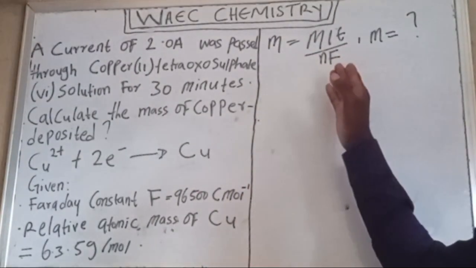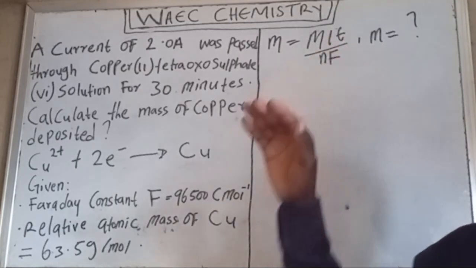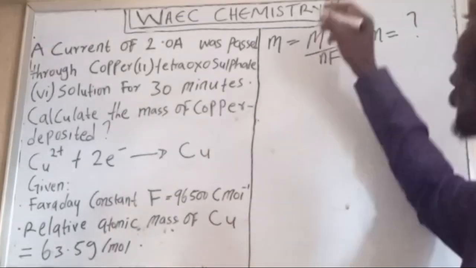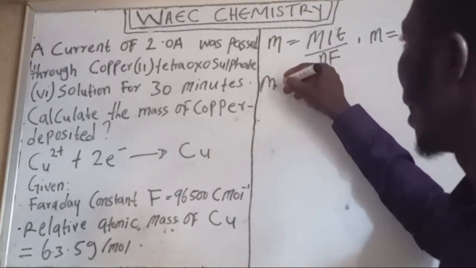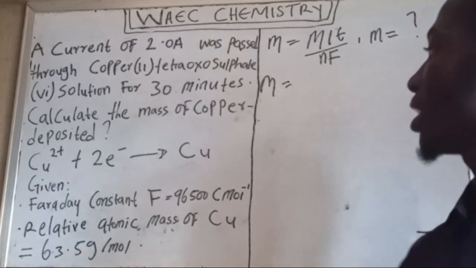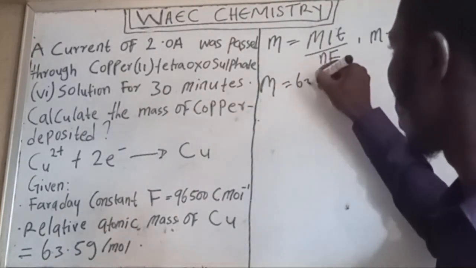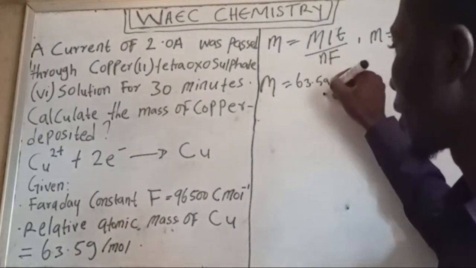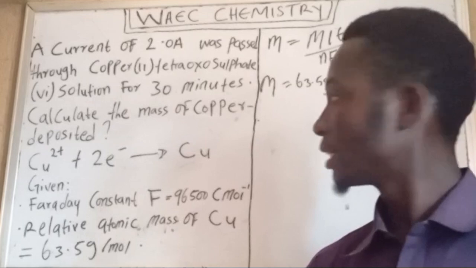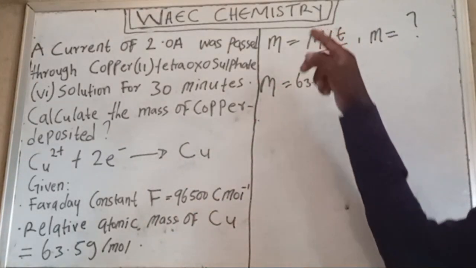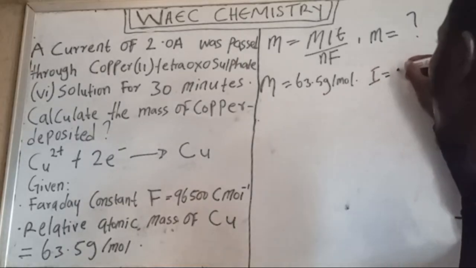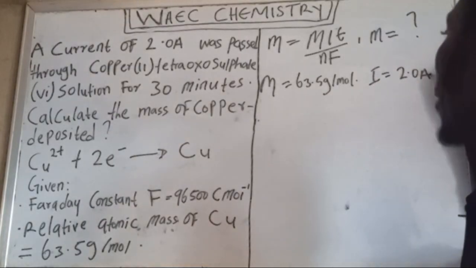And then the next thing is to use this formula and bring out the data from the question. Our molar mass M in the question here is 63.5 gram per mole. Then our I, which is current, is equal to 2.0 ampere.